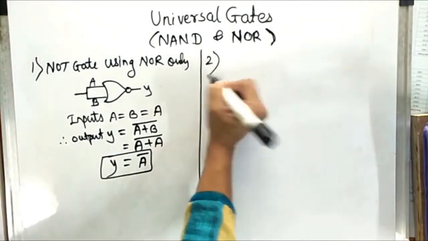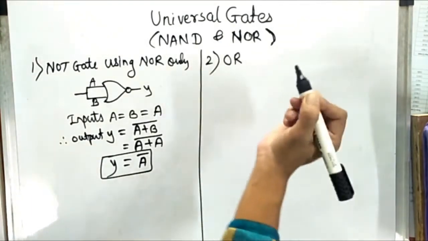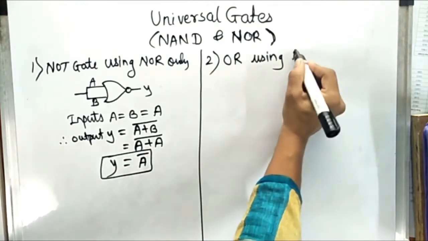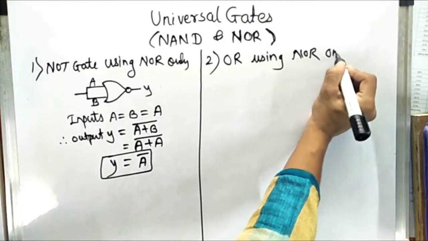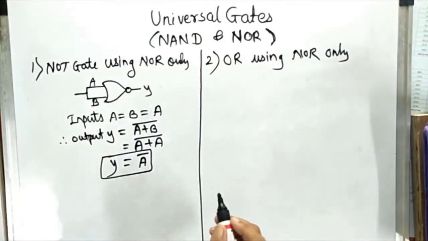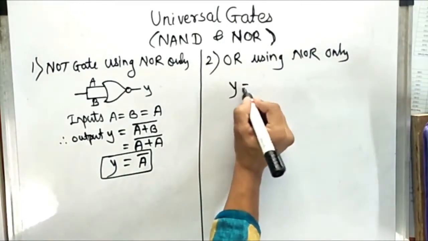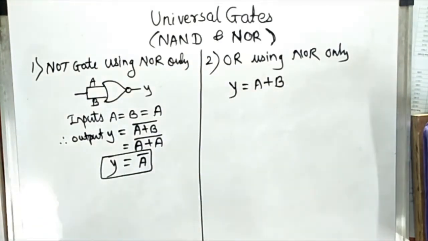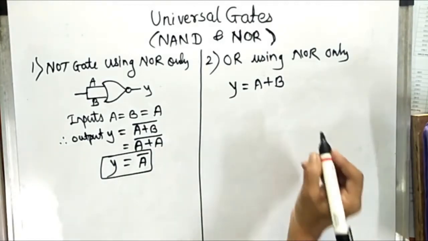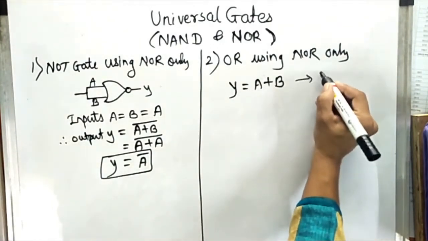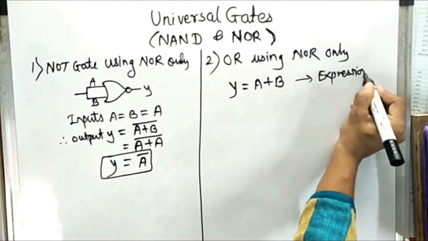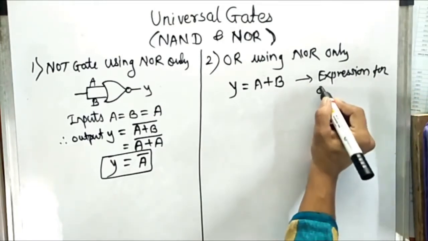Second thing, we can construct the OR gate using NOR only. So here the output expression for OR is nothing but A plus B, or we can read it as A or B. This is the expression for the OR gate.